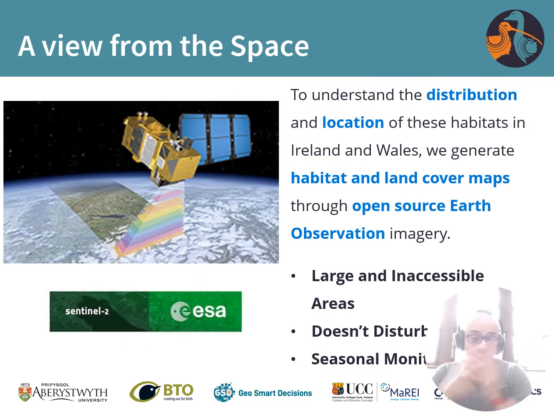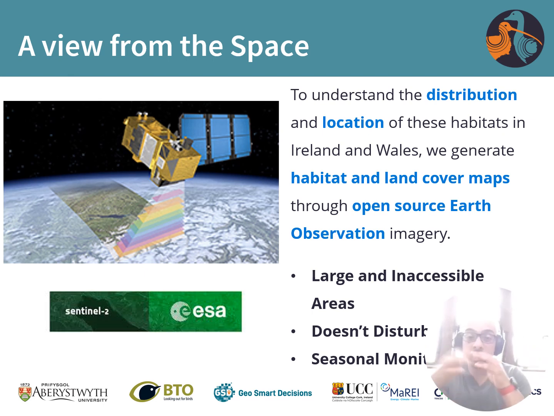To understand the distribution and location of these habitats, and to understand the dynamics or change of these habitats over time, we decided to use any kind of data set that we can find from open sources related to earth observation. Observation is any kind of information that you can collect remotely, and we are mainly focusing on satellite earth observation.